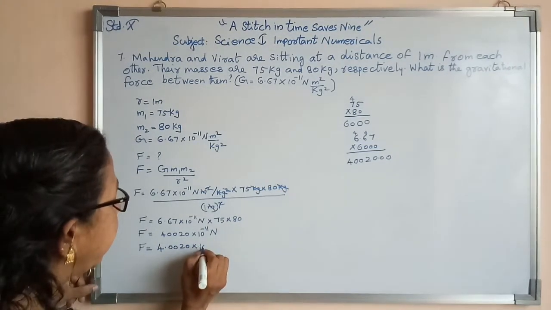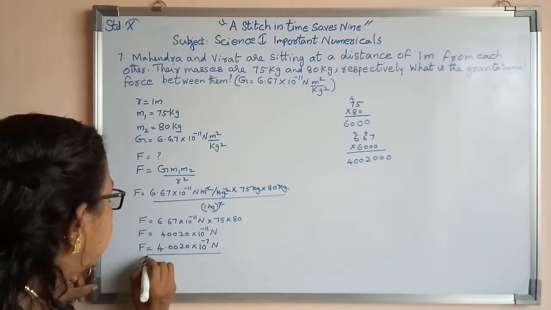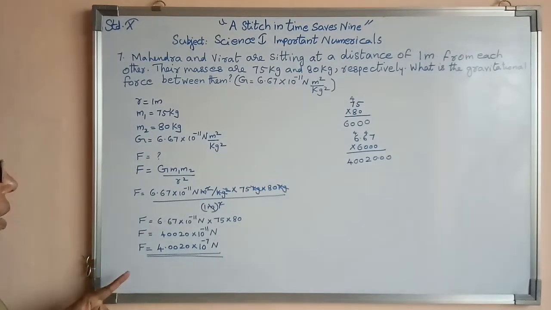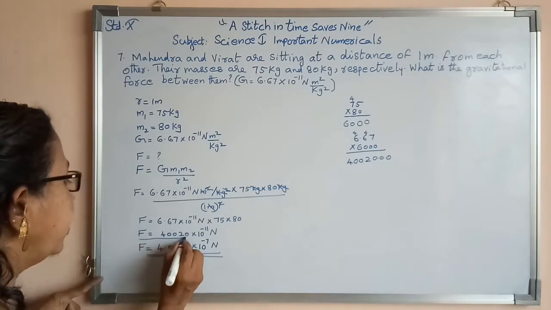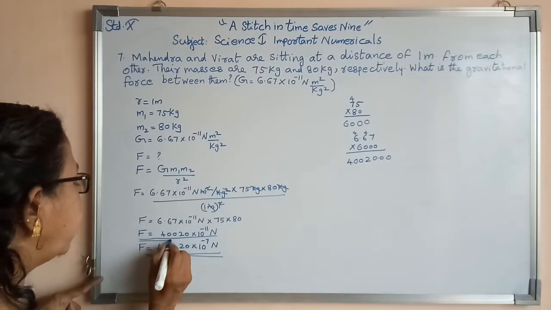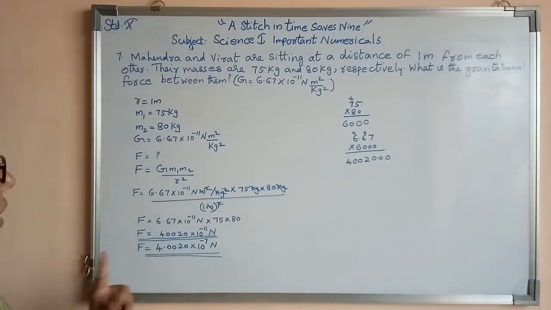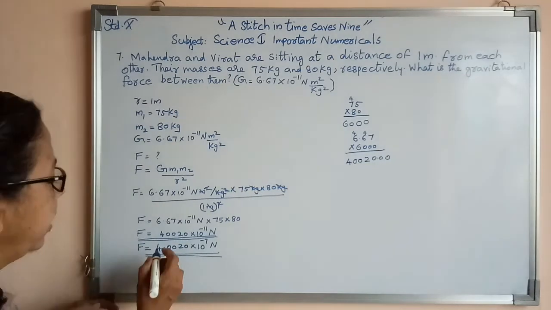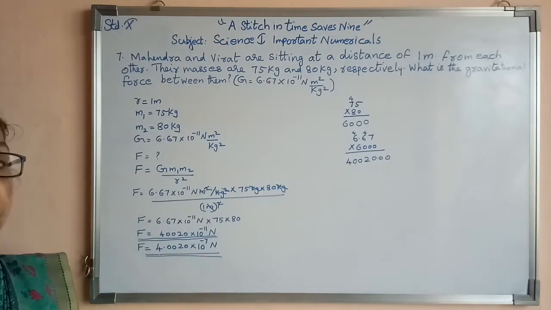So our answer will be 10 raised to minus 7 Newton. If you write this much, then also your answer is complete. Or if you want to solve it up to 1 decimal form, that means 4 point something, if you want to reduce the value that way, that is also acceptable.